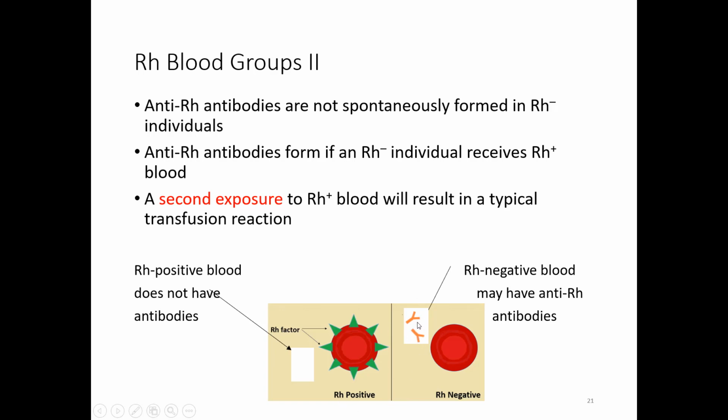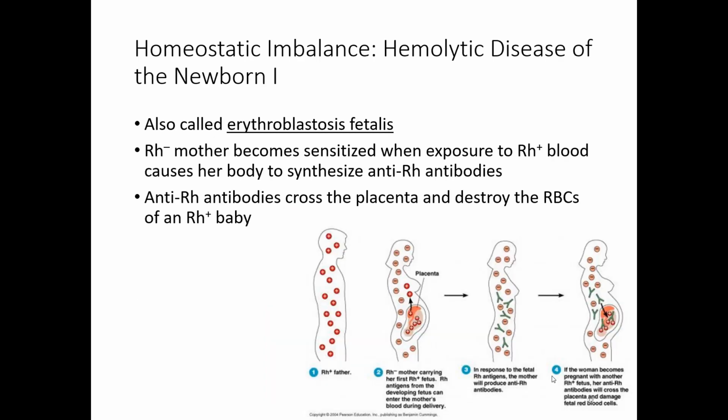When can it happen? It can be a result of a transfusion reaction, or it can happen during pregnancy. And how it happens during pregnancy, we'll see. Hemolytic disease of the newborn. Also, it's called erythroblastosis fetalis.